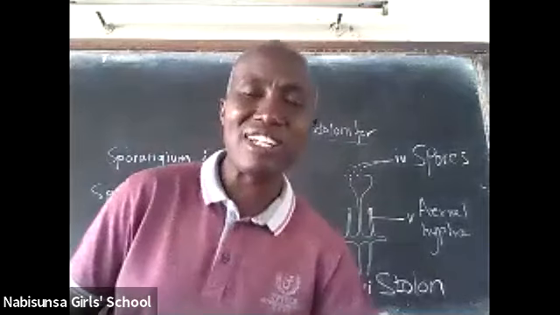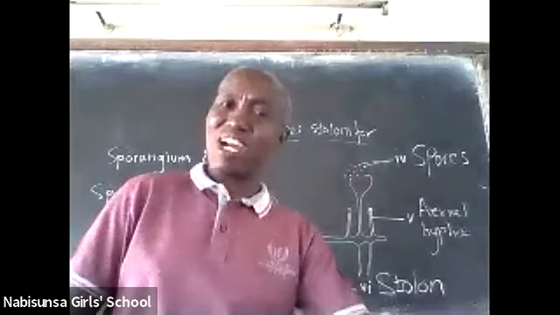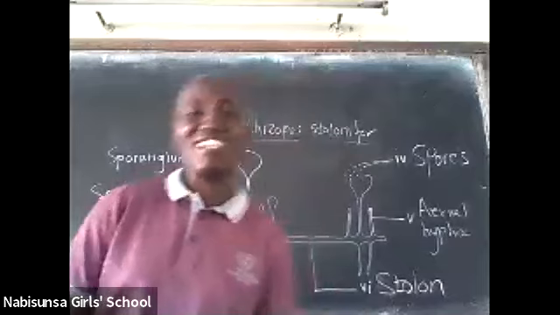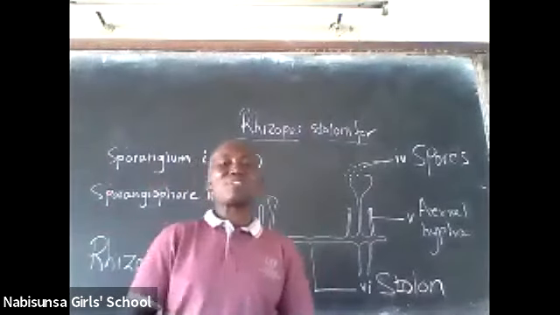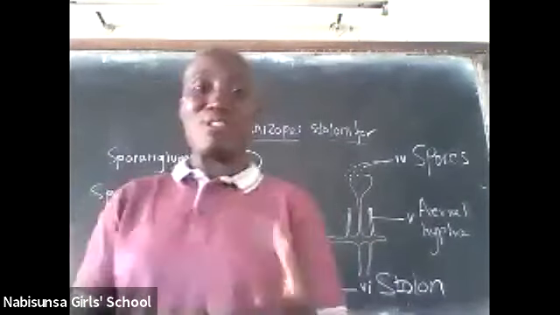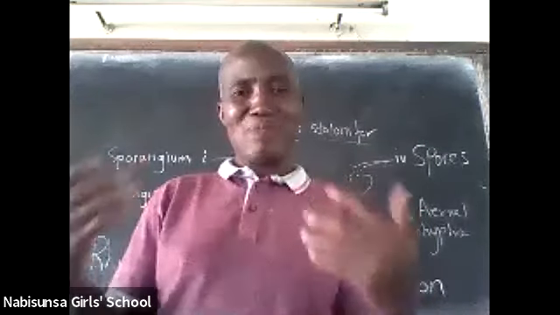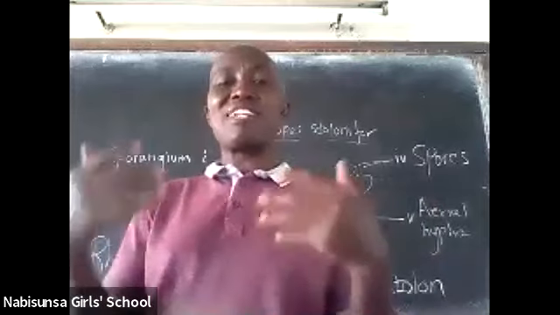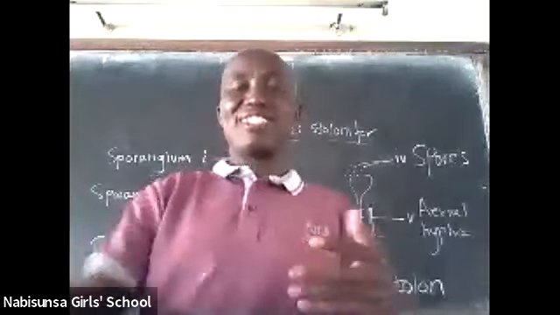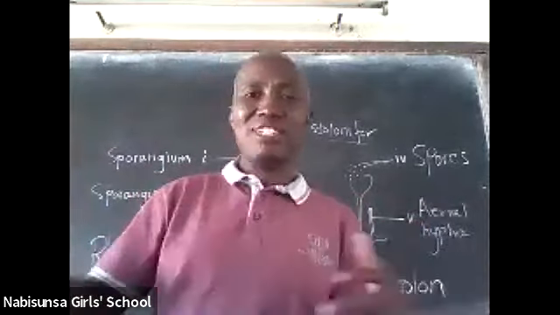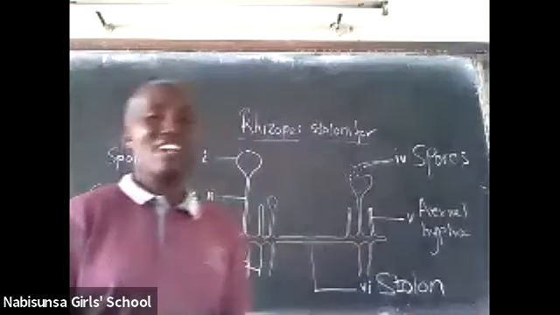And now she's wondering, if the sporangium simply stores, then who produces? It is the one that produces as well. So the sporangium both produces and then stores. The sporangiophore supports the sporangium. The stolon links mycelia.